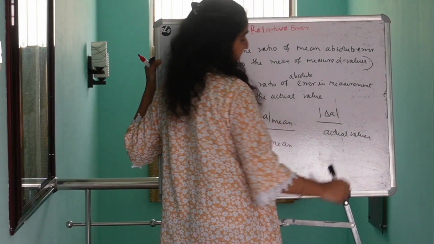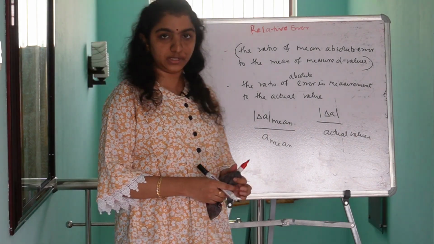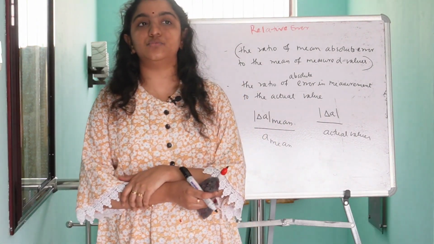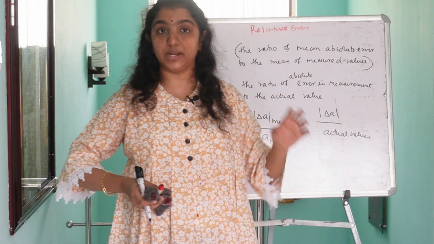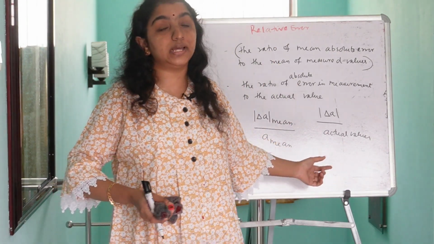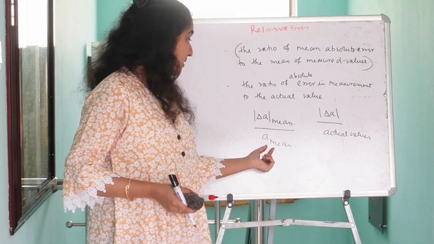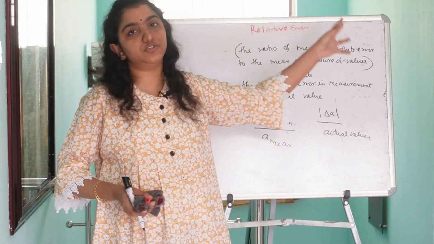Is it clear? If you are provided with so many measurements and asked to find the relative error, initially you have to calculate the mean absolute error and then divide it by the mean value of all those measurements.